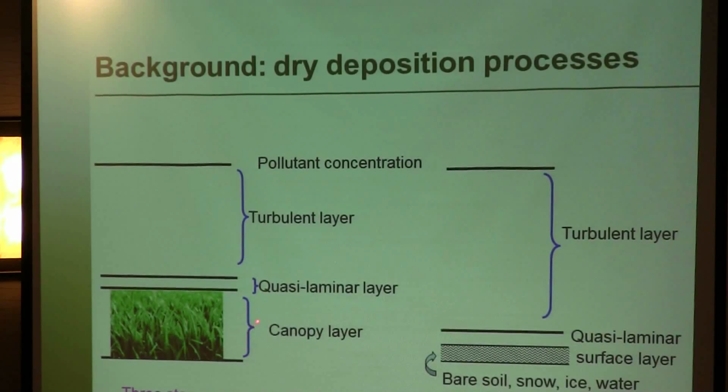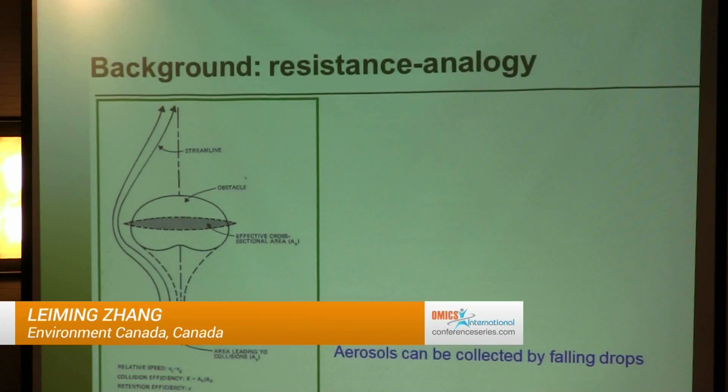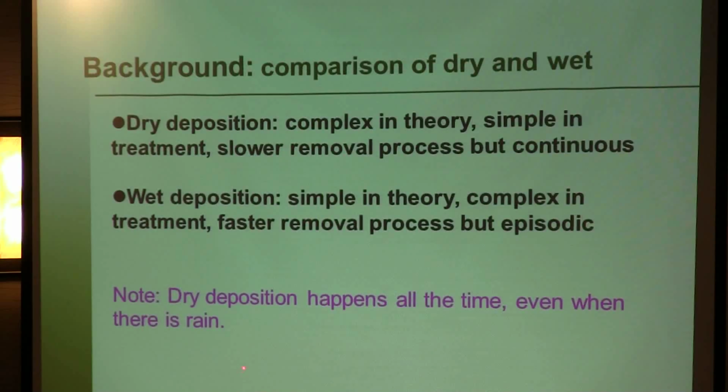So in the modeling approach, we consider this as three different steps: the aerodynamic process, the laminar layer, and the uptake layer. For wet deposition, pollutants can be collected by hydrometeors and then delivered to the surface.